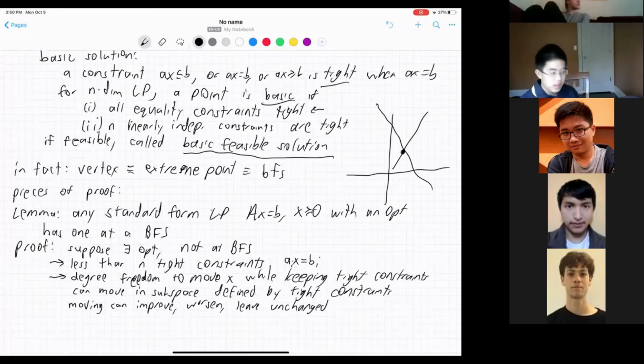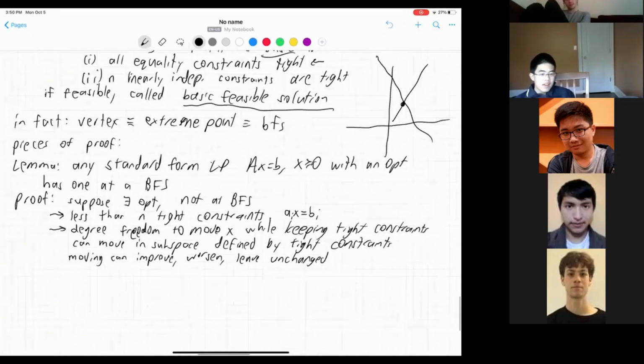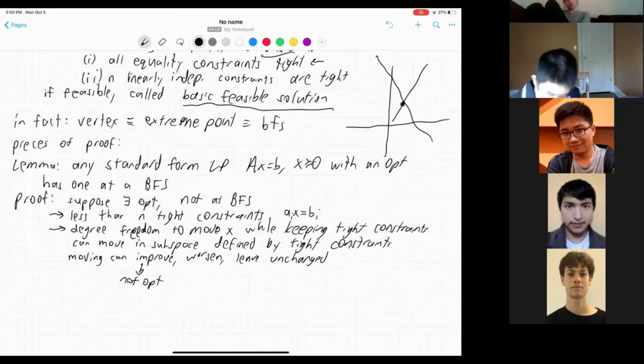What would it mean if moving in this subspace improved my objective function? There's another solution that's higher than the optimum. If I can improve, that would mean that my current position is not optimum, contradicting my starting assumption.